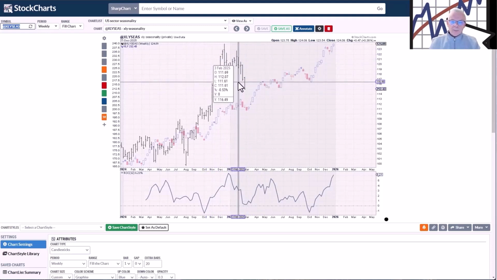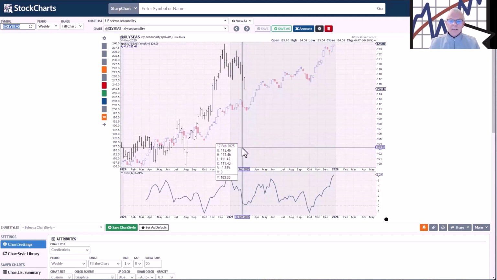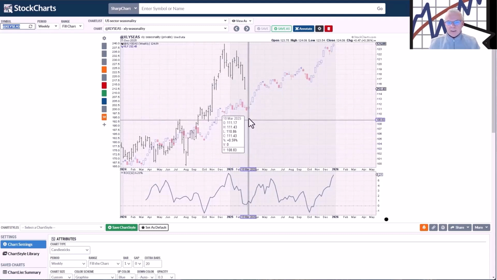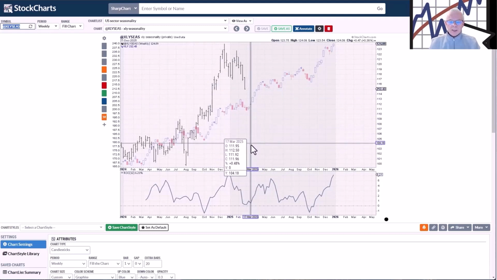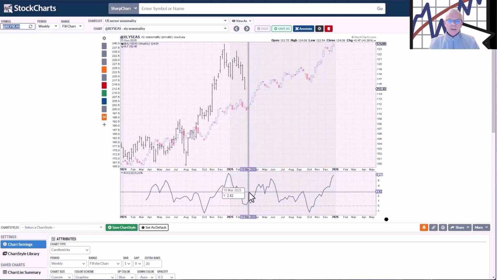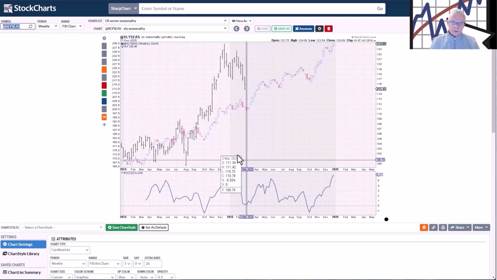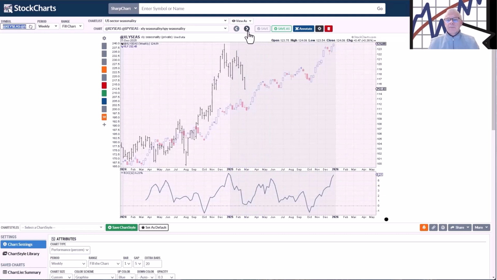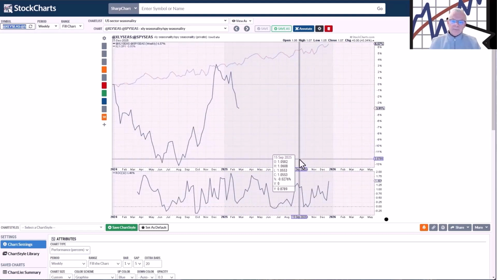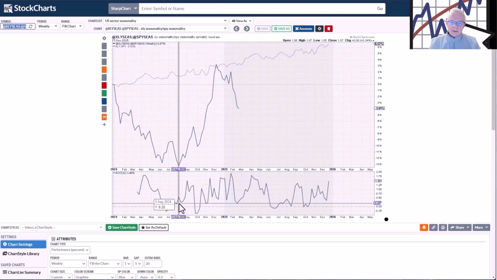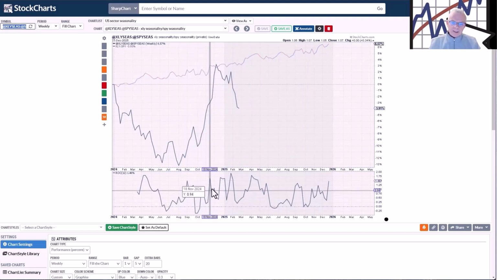I think that this pattern calls for a little bit more downside price action. So I wouldn't be surprised if this takes a little longer, and we will see a bottom in consumer discretionary past the seasonal bottom. But after that, we will see a rally again, a period of outperformance for the consumer discretionary sector. If we look at the relative performance, you can see this is generally moving higher.